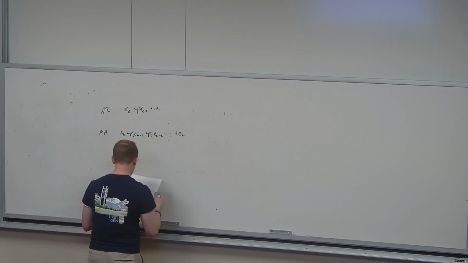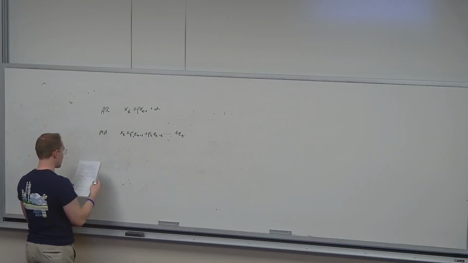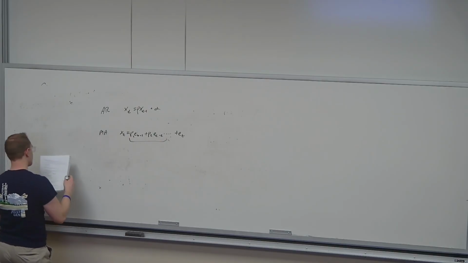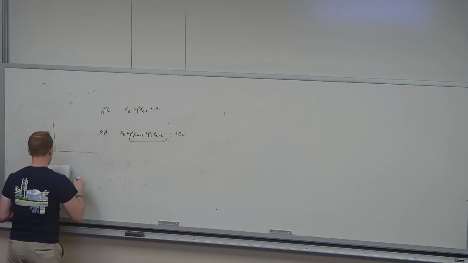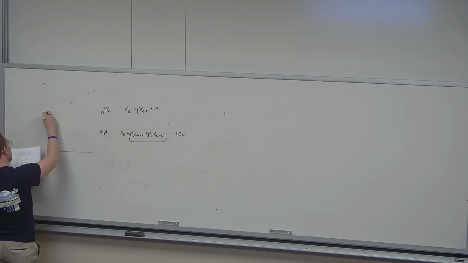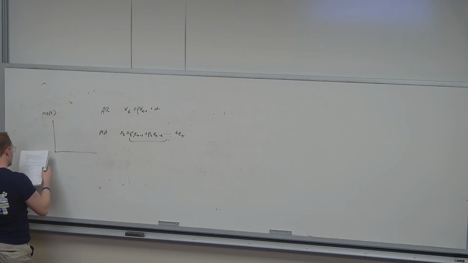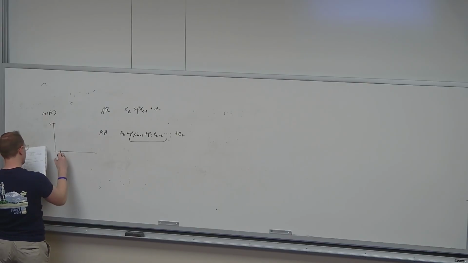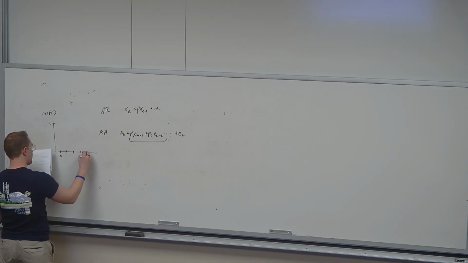So if you have a moving average, and let's say we're just doing 2. We're doing a moving average of order 2. Here's a little graph. Here's time period 0, 1, 2, 3, 4.